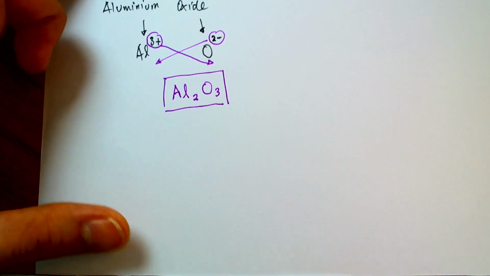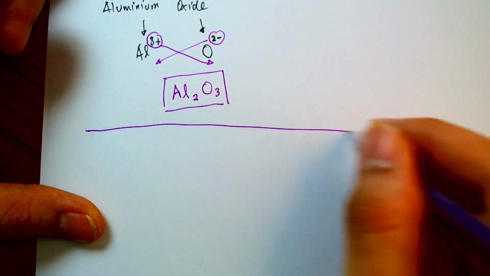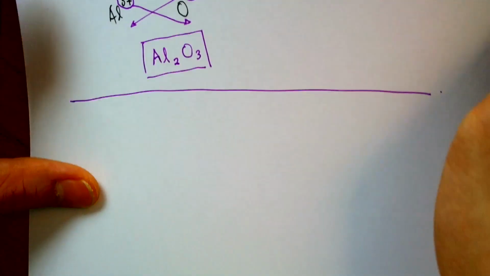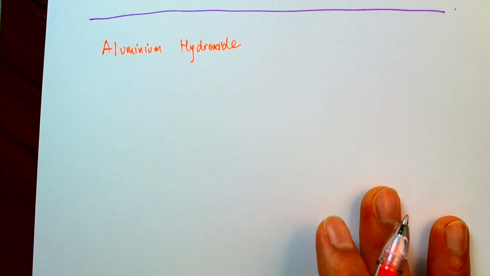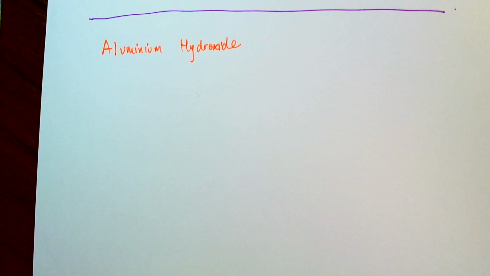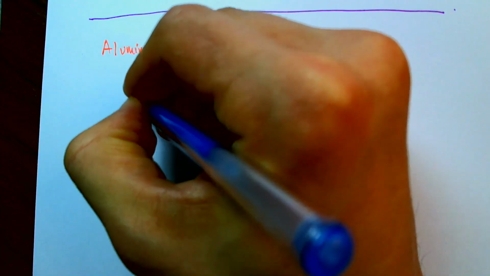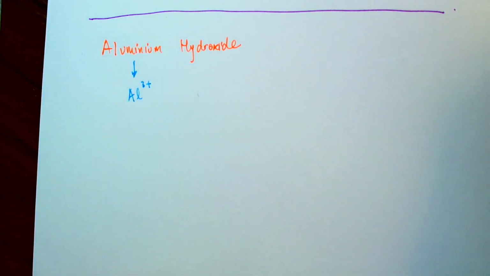And as a last example, let's look at aluminum hydroxide. Aluminum, as before, tends to form a 3+ ion because it's in group 3.